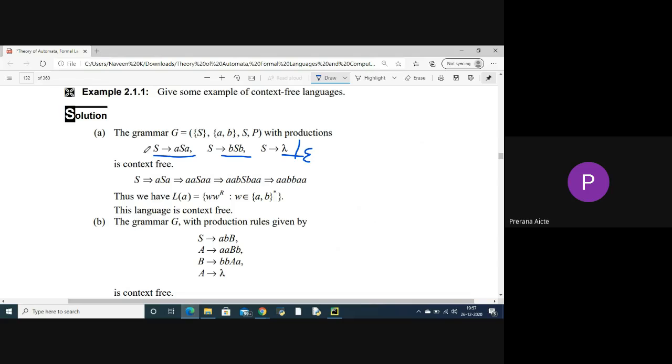Now we will check the language possible from the given alphabets and productions.